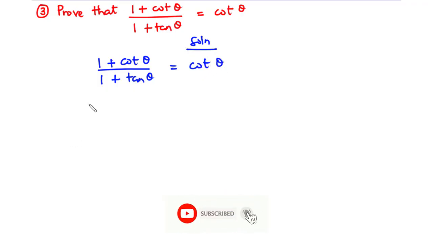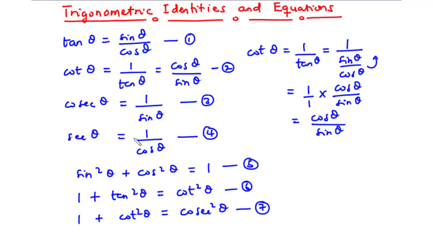Now from the trig identities, we know that cot theta is equal to cos theta over sin theta, and then tan theta is equal to sin theta over cos theta.